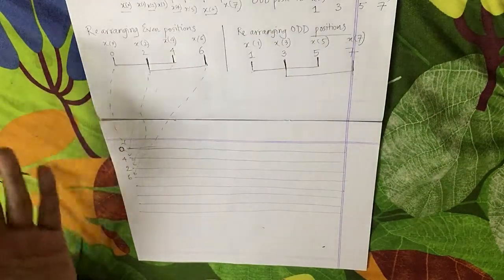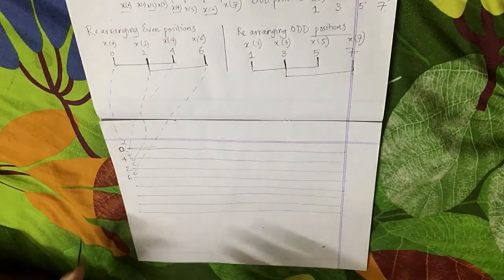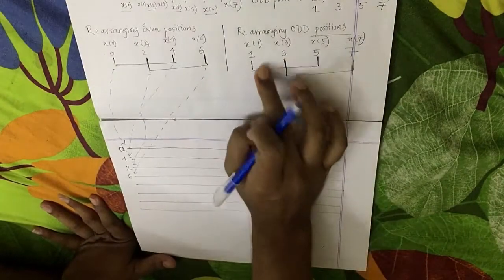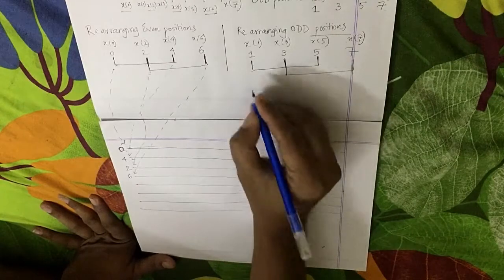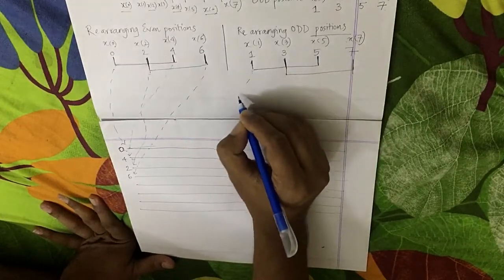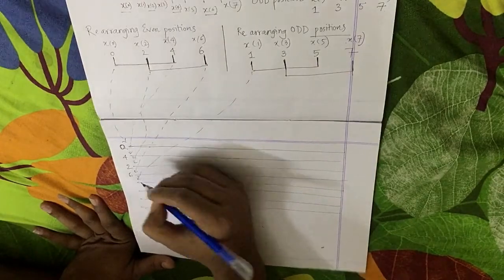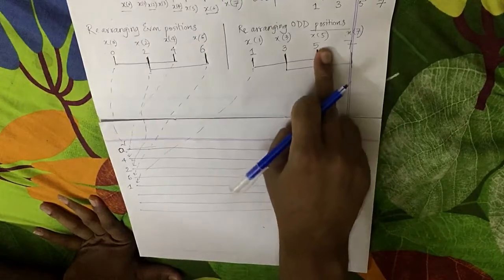So we have written down the even values. Once we are done with the even values, our next task is to write down the odd values as well. For the odd values, we have to start off with this 1. So 1 goes here after 6, underneath 6. After 1, we need to write 5.